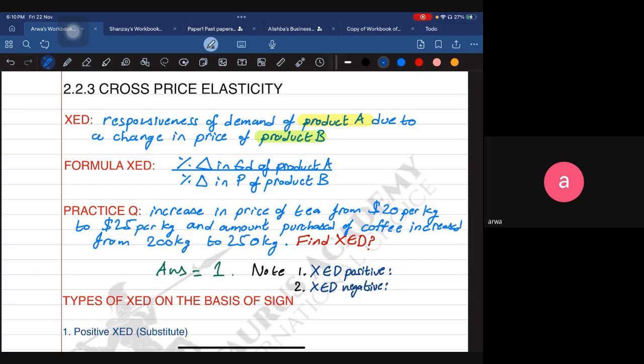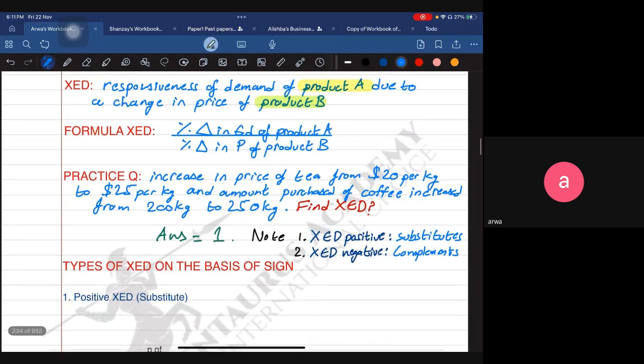When it's positive, we talk about substitutes. When it's negative, it's complements. Sorry, complements. Substitutes and complements, right? Yes, sir. Okay. So this was a very important note.